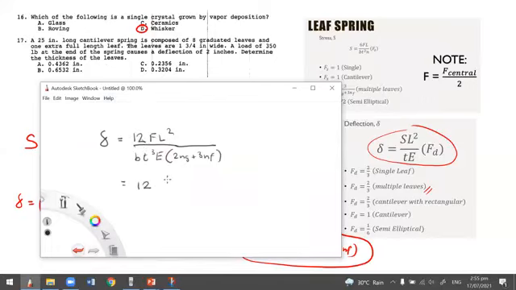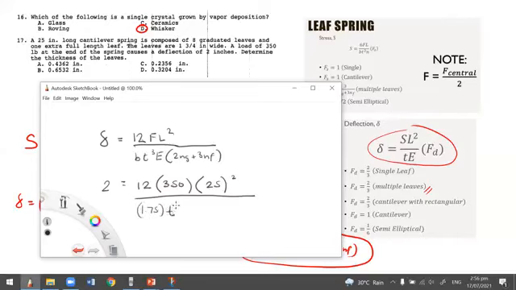Ilan yung force? 350 pounds. Times length, ang length natin dito is 25 squared. Then ang deflection is 2, divided by width. Ang width natin 1 3/4, which is 1.75.